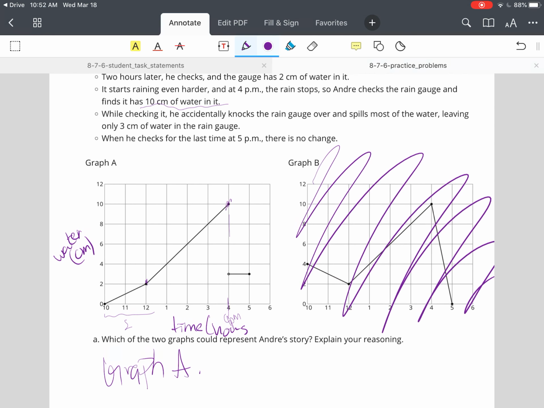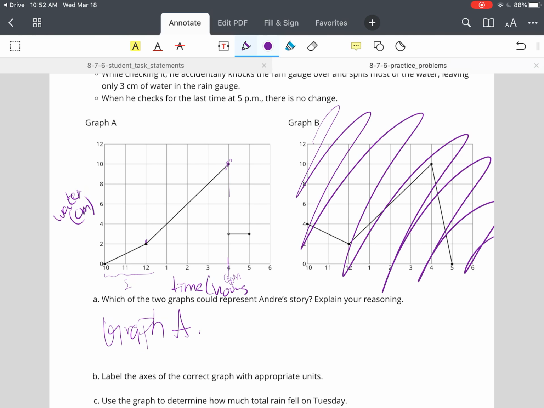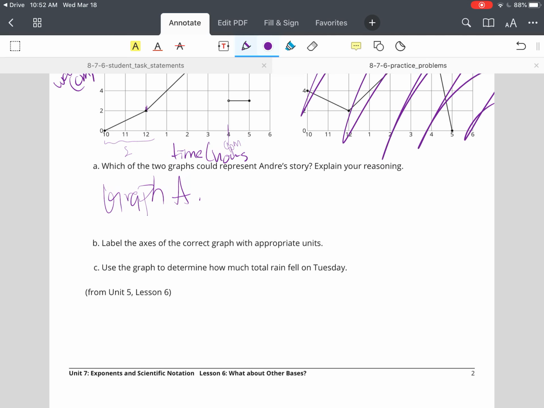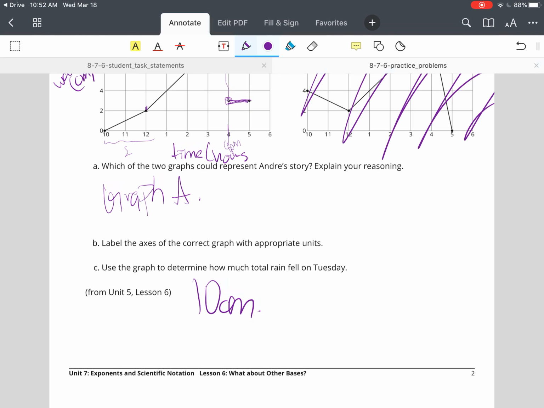Okay. So, to me, from when he first started recording till 4 p.m., there was a total of 10 centimeters of rain. But then the rain stopped, and there was no more rain after that. So the total amount was 10 centimeters of rain.